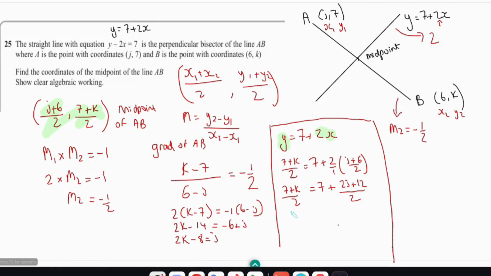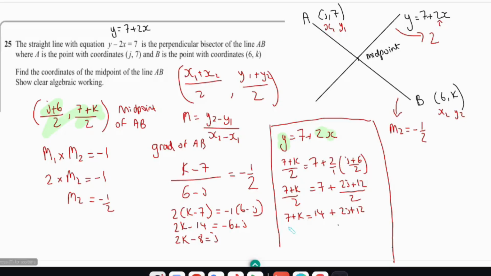I'm going to multiply every term by 2. So multiply this term here by 2, it just reverses the 2. 14, and same reverses 2 here to leave us with 2j plus 12.